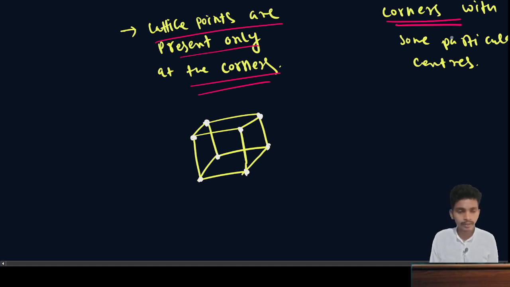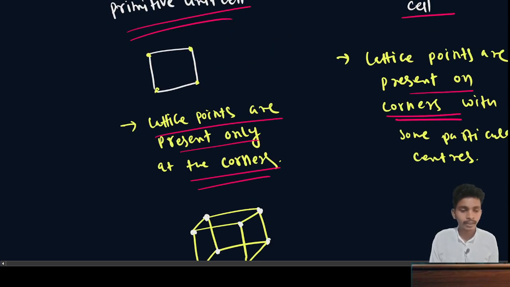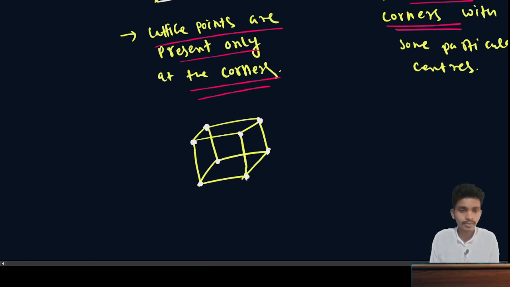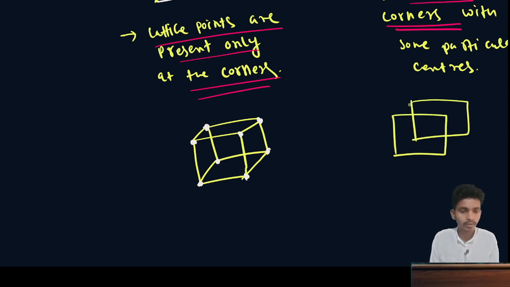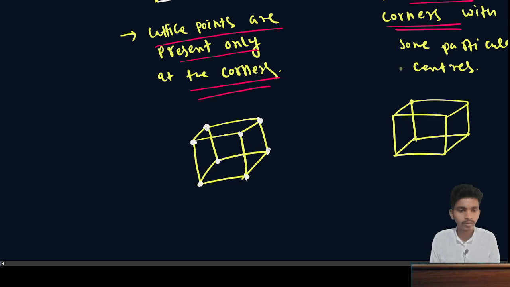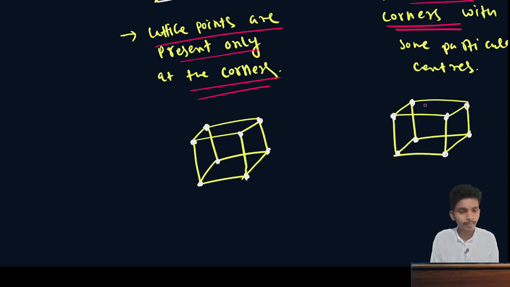Whereas for non-primitive, with corners, the lattice point may be present at the base centers, or it may be present at the edge center.